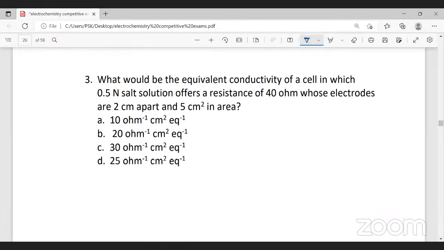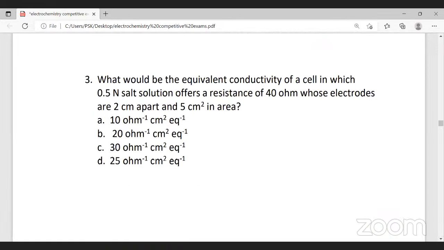The next question. What would be the equivalent conductivity of a cell in which 0.5 normal salt solution of a resistance of 40 ohms, whose electrodes are 2 centimeters apart and 5 centimeters in area? So we know that K is equal to 1 by R into length by area.